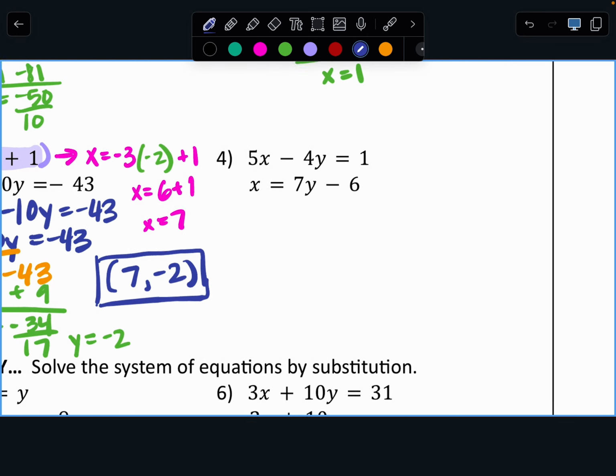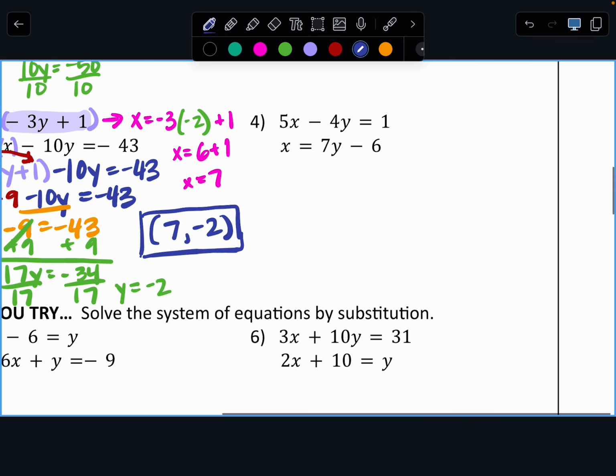All right, number 4. The second equation in this system is the one that has a variable isolated. We have x equals 7y minus 6.